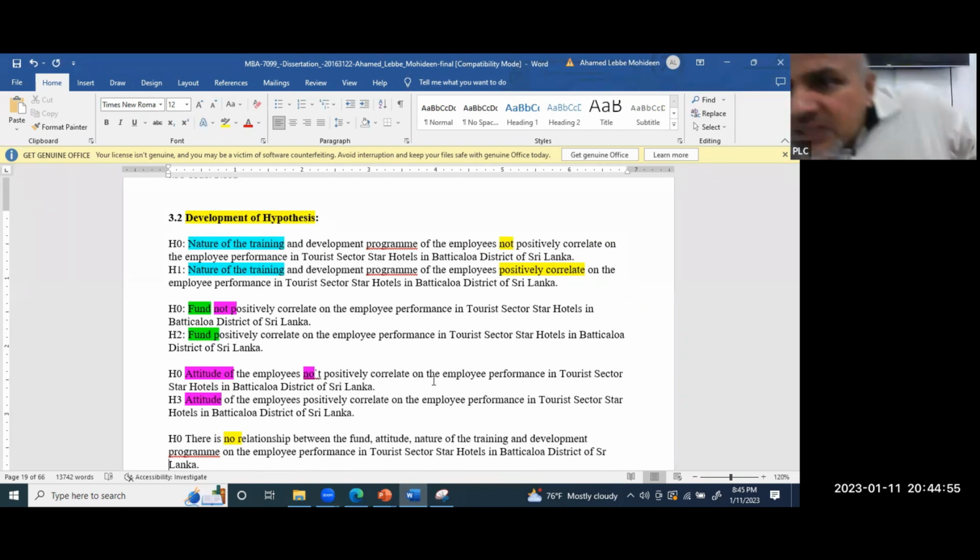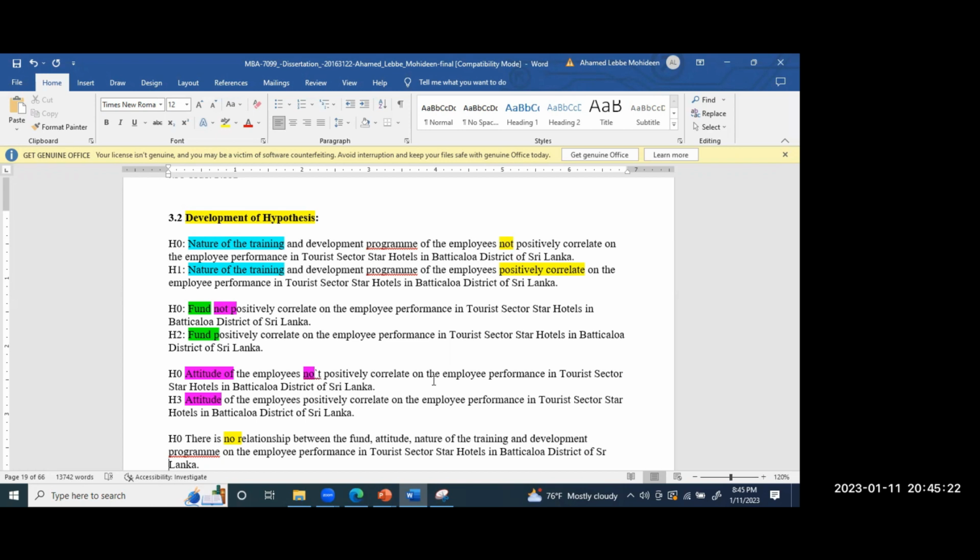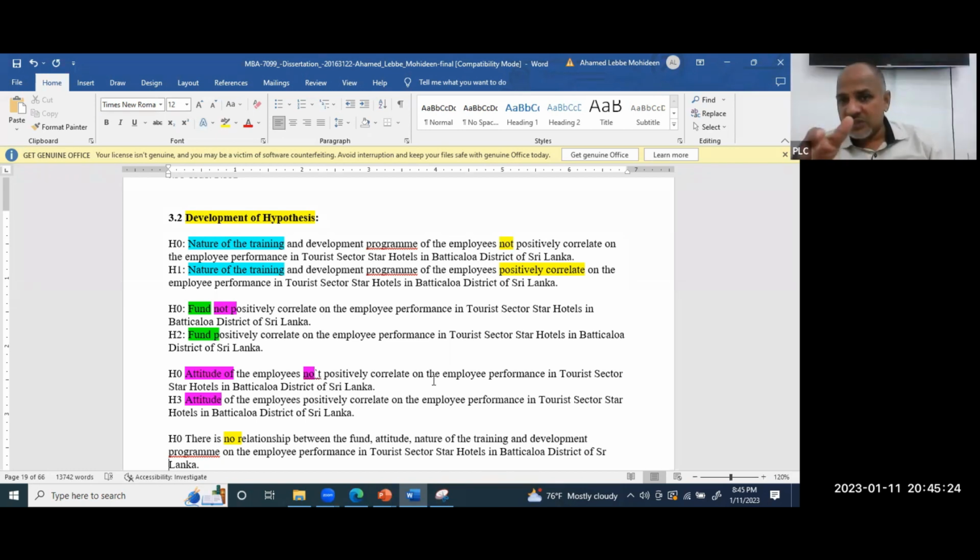Null hypothesis means you say there is no problem. Then you say there is no problem, there is no problem. That is the null hypothesis. The other one says there is a problem, that is the hypothesis. You understand? Yes, sir. If we say negative, it's null hypothesis. Okay, do you understand?